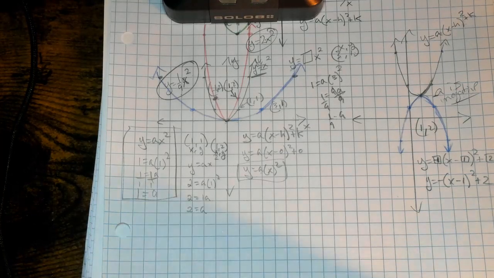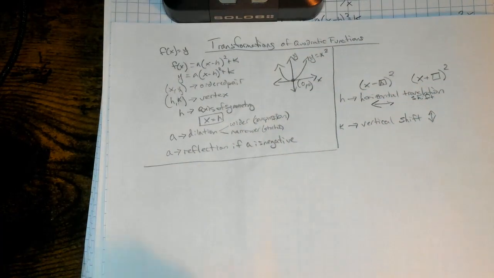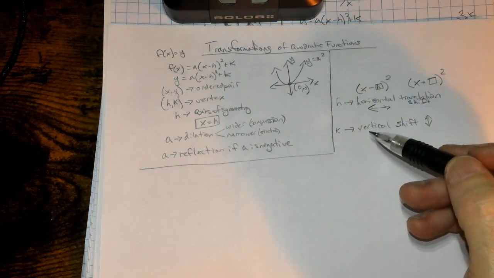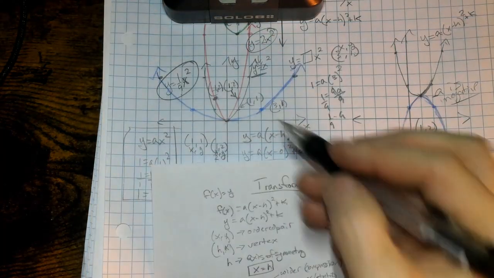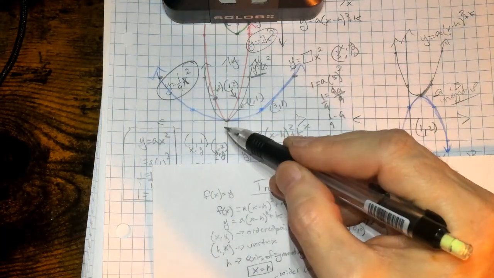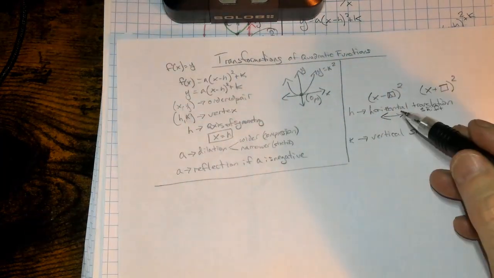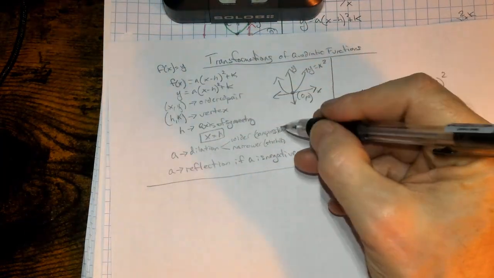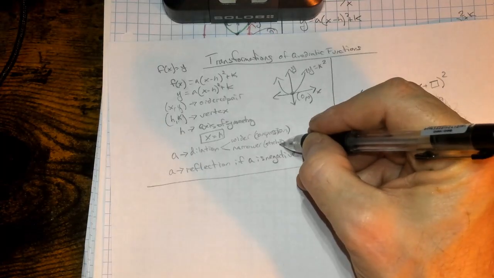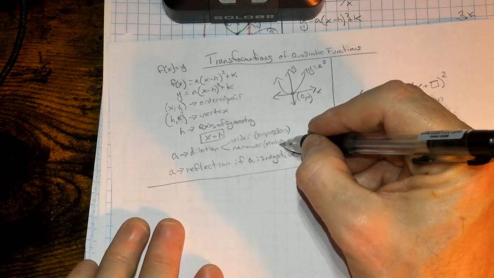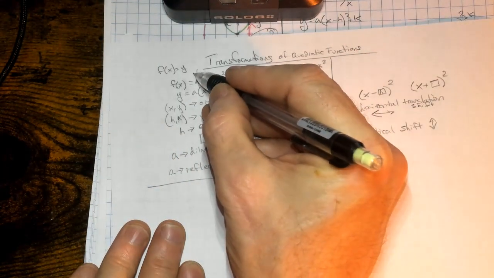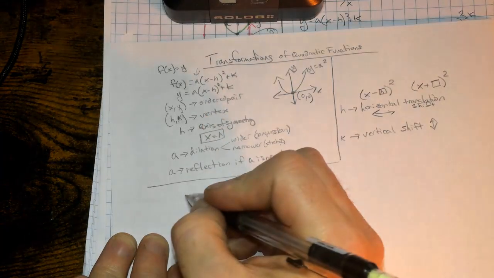And if I go back to over here, I now have to talk about, when I looked at the blue curve and the red curve, how the A term affects the dilations in terms of compressions and stretches. So this is only true if A is outside the parentheses.